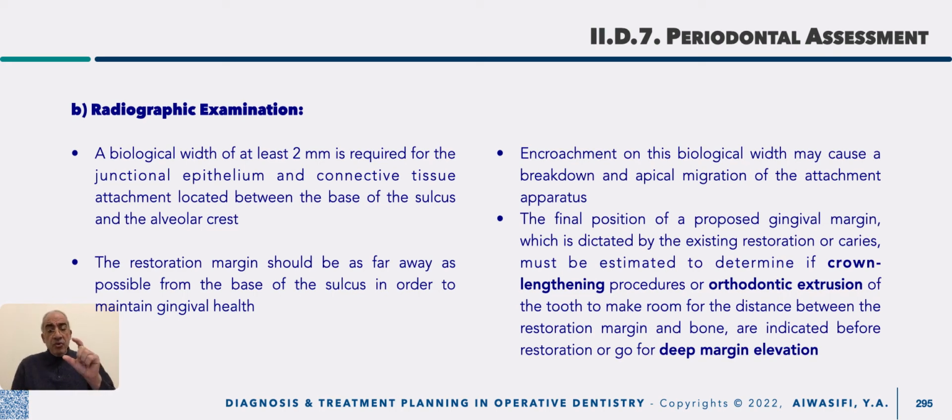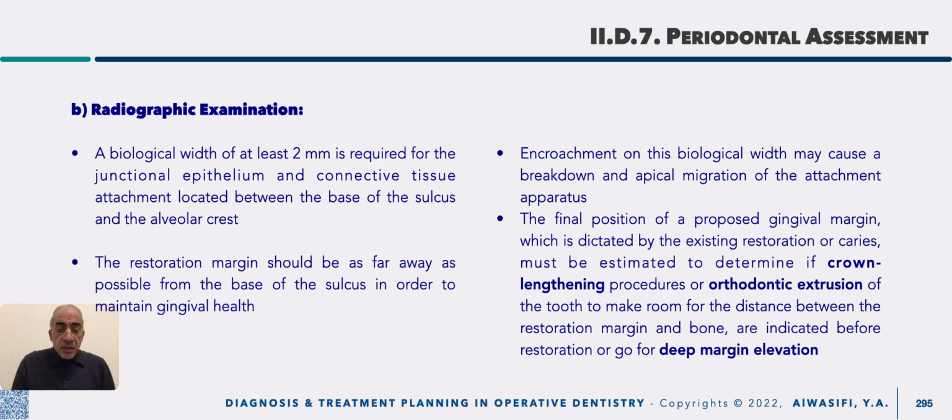That's why you should evaluate your case and where the proposed gingival margin will be. In certain cases, your caries already extends near the alveolar bone and your margin will violate your biological width.